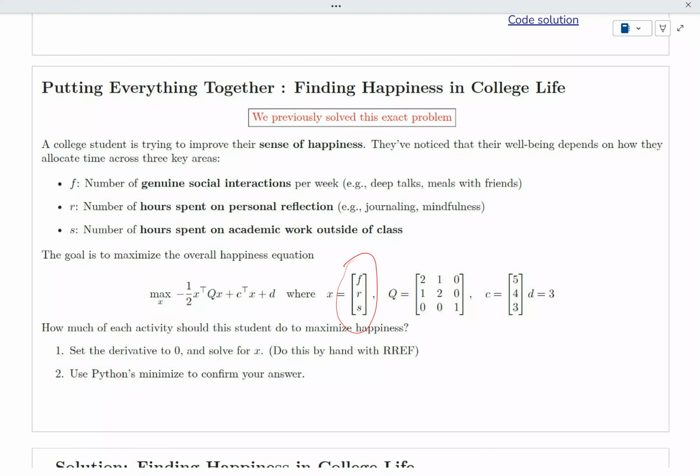And the input has 3 factors: friendship, which is social interactions; R, which is how much time you spend thinking about your life; and S, which is how much you spend on academic work. So you need some kind of combination of these 3 to achieve happiness. So in this particular equation, see if you can find all these values that you're supposed to use to maximize your happiness.